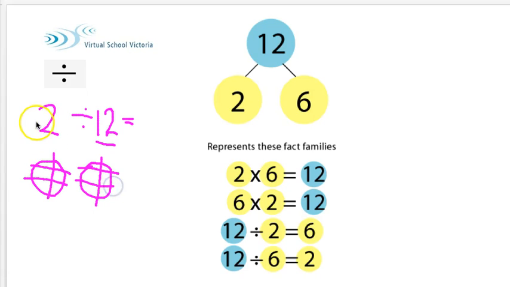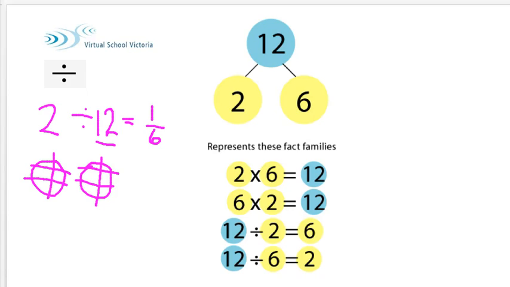So if I took 2 and I shared it equally between 12 people, each person would get a 6th. So even though fact families are well and good, you still have to think and visualize, and you have to understand how these numbers work in real life, because most numbers are connected to important ideas in real life.